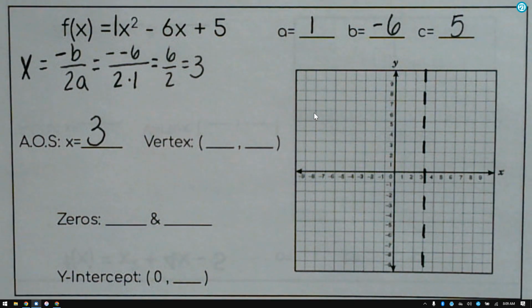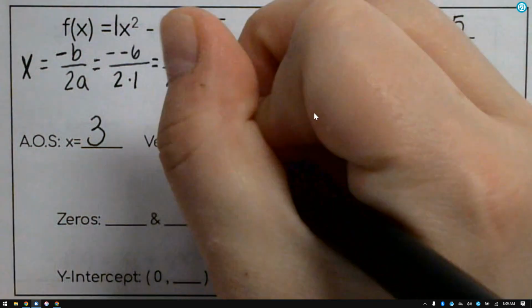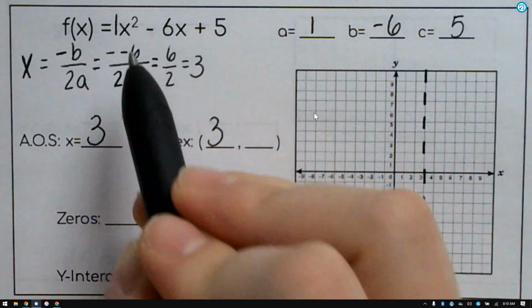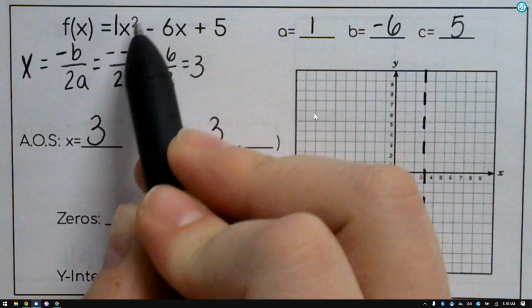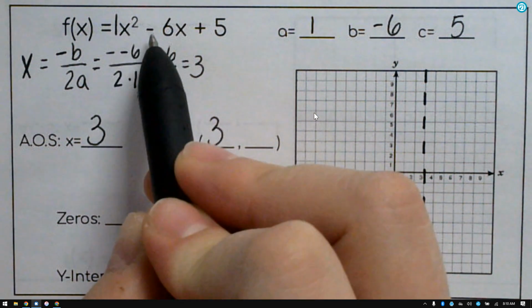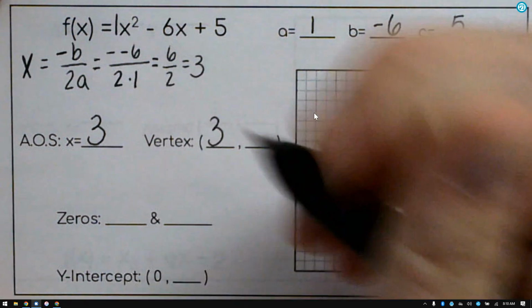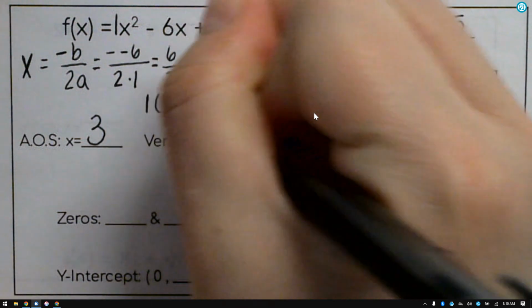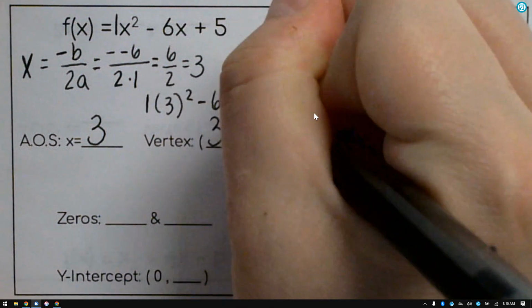All right, the next thing that we are going to do is we are going to plug in that 3 for x. So we are going to do 1 times 3 squared, minus 6 times 3 plus 5.